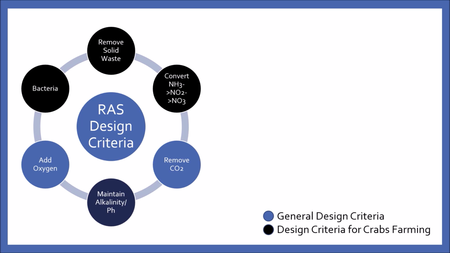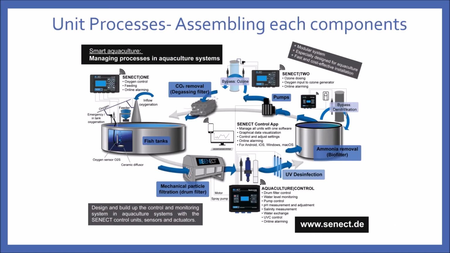These are the different unit processes typically found in aquaculture systems for fish. We start off with the fish tanks, in which the fish are cultured in a circular tank, after which the water flows through a drum filter, which is mechanical filtration. It is then disinfected with UV light and ammonia is removed using the biofiltration process.